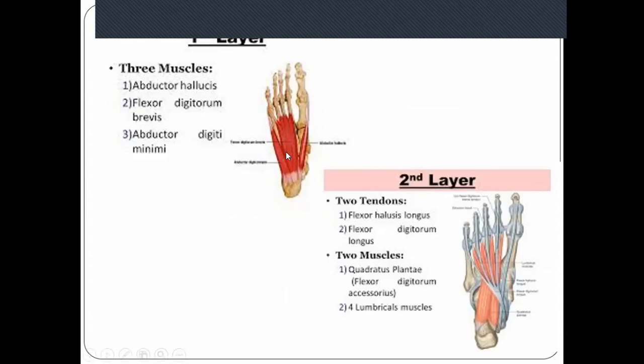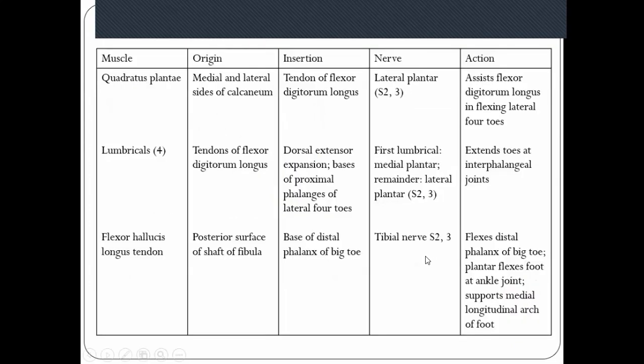These are the muscles of the first layer: abductor hallucis, abductor digiti minimi, flexor digitorum brevis. In the second layer, you have the quadratus plantae muscle.